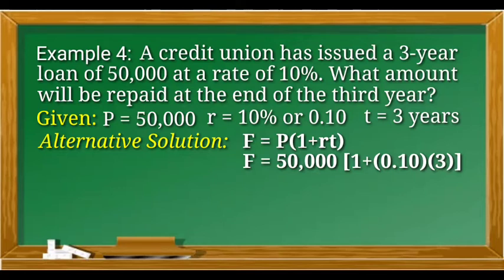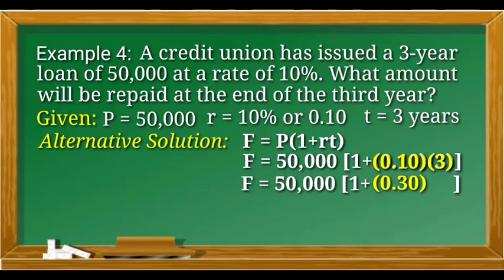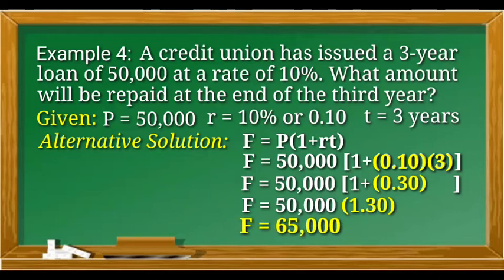Applying PEMDAS, we go first to the parentheses. 0.10 times 3 is equal to 0.30. Then 0.30 plus 1 is equal to 1.30. Then 50,000 times 1.30 is equal to 65,000.